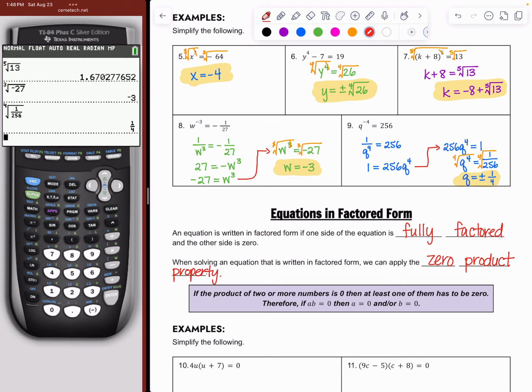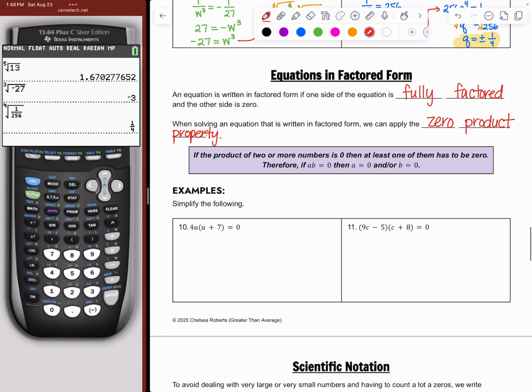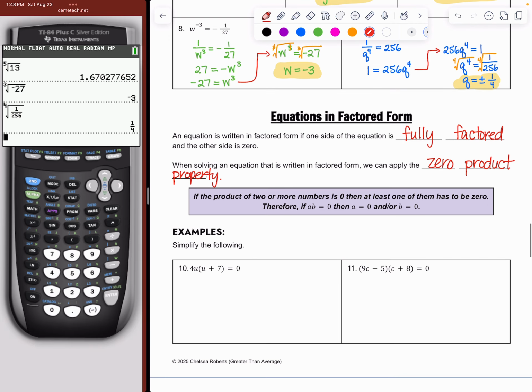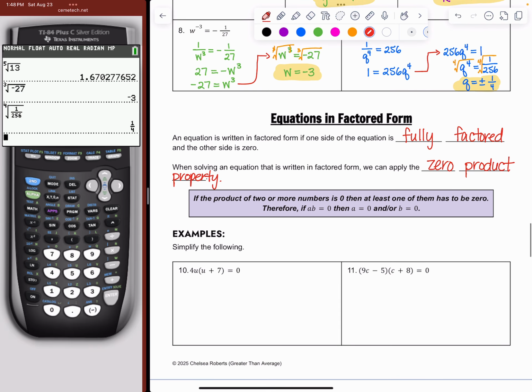Okay, and that states that if two numbers multiply to equal 0, one of the numbers has to be 0, or both of them can be 0. So if we look at these two examples, we have 4u times u plus 7 is equal to 0.